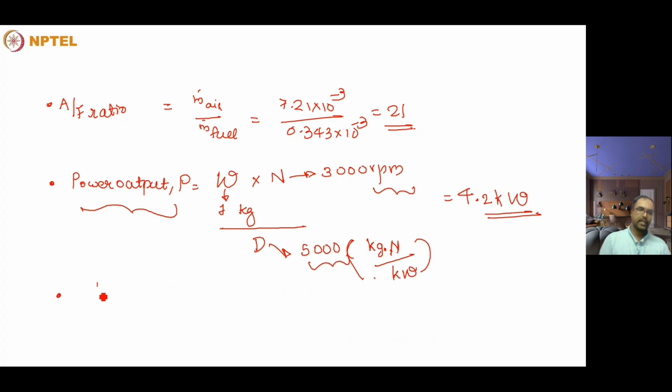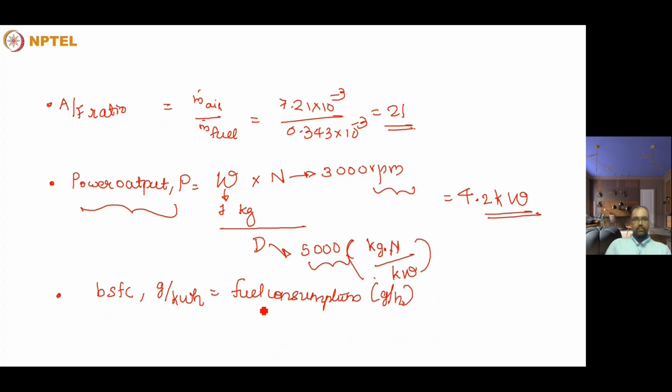So in order to calculate the brake specific fuel consumption, in terms of gram per kilowatt hour, we have got the fuel consumption in terms of gram per hour, and the power output in terms of kilowatt.